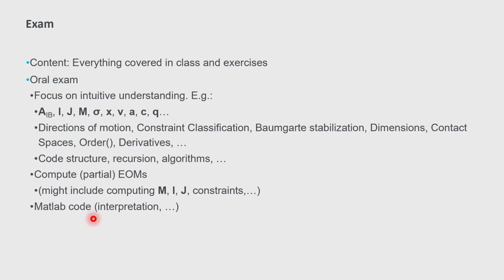Content: well, everything in class and exercises. It's an oral exam, so that tells you we focus more on concepts. We have the project. We will work along the project. So be prepared to explain how your project works, especially the things that you did yourself. How did you find your joint spaces? How did you implement your constraints?